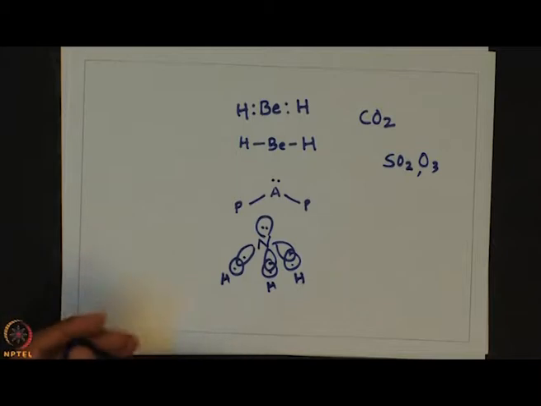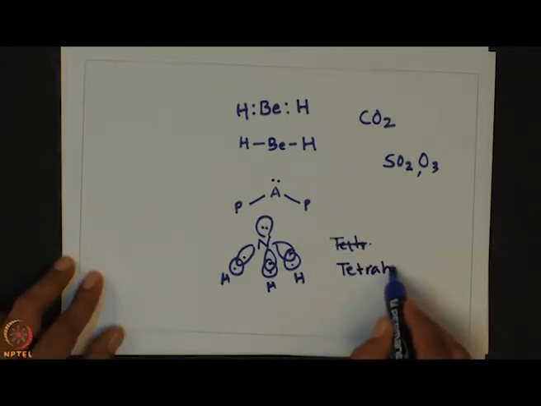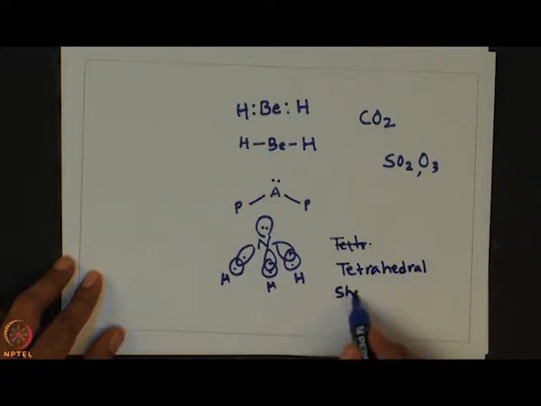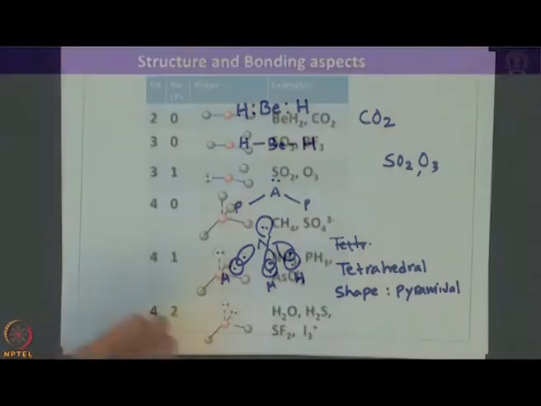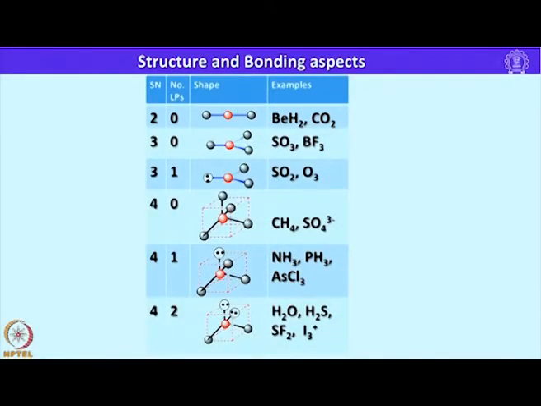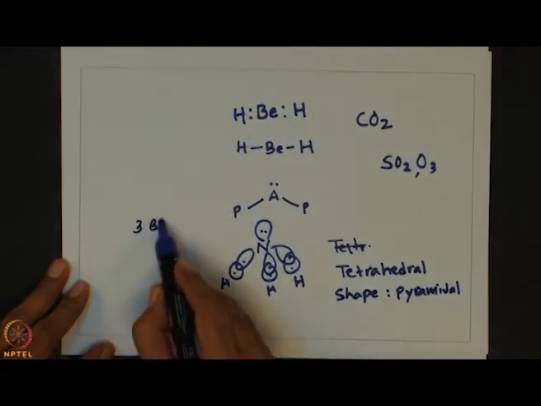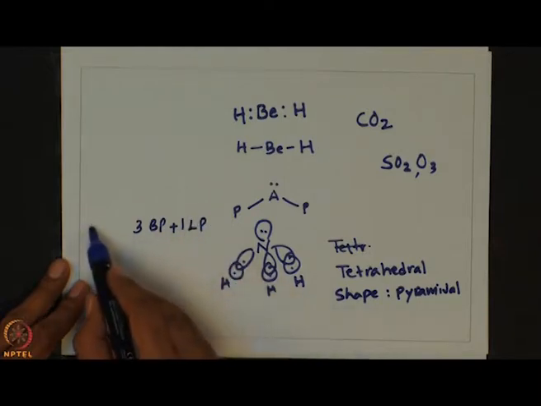The geometry here is tetrahedral, and the shape is pyramidal. Okay. So, this is how one can write having 3 bonded pairs plus 1 lone pair, whereas steric number 4.